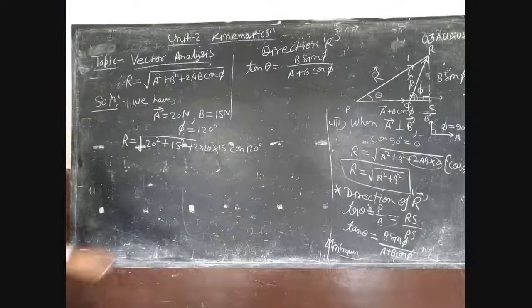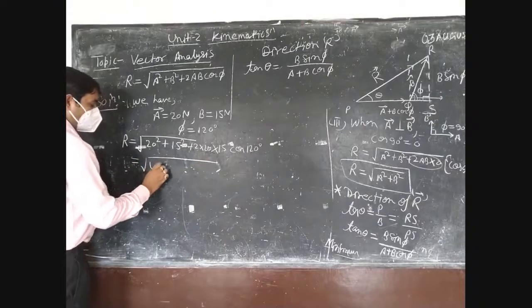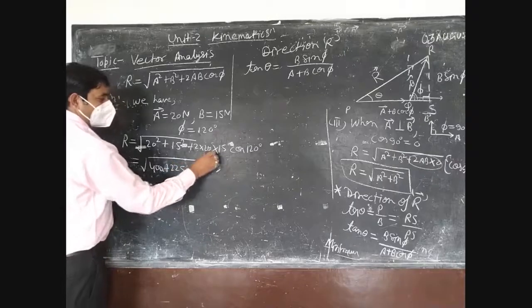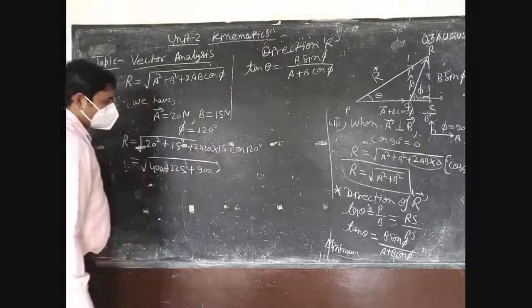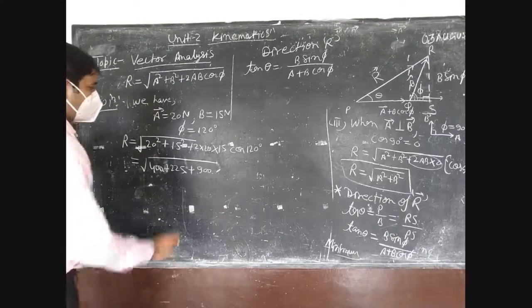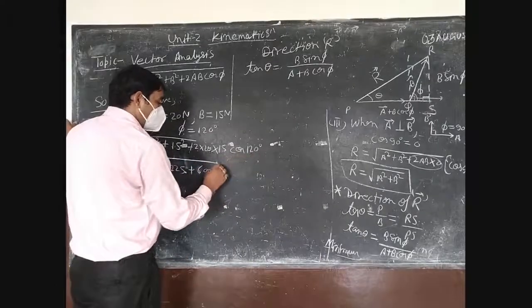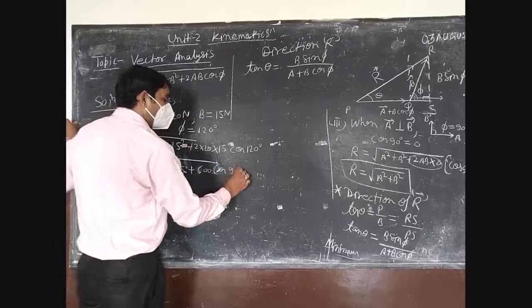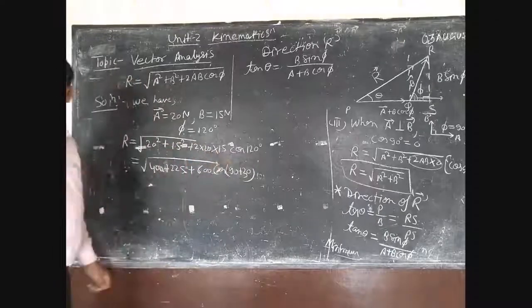When you solve this, 400 plus 225, plus 600, and cos 120 can be written as cos of 90 plus 30 degree, understood?